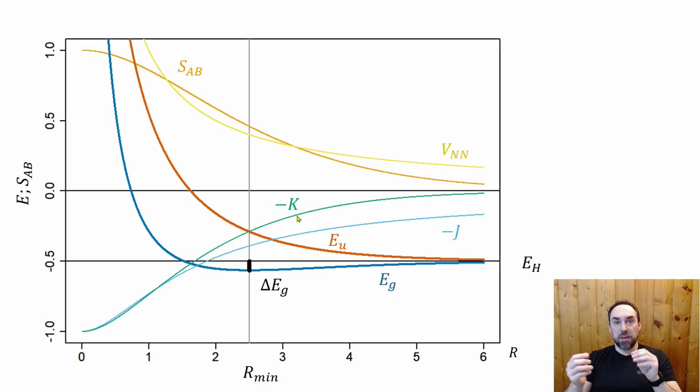It turns out it's going to be a purely quantum effect of some exchanged density that interacts with one or the other atoms, and it's not something that you can rationalize in such a nice way. So it is important to at least appreciate that the real reason for bond formation lies in this resonance integral K, which is a pure quantum mechanical effect that doesn't have any counterpart in classical physics.